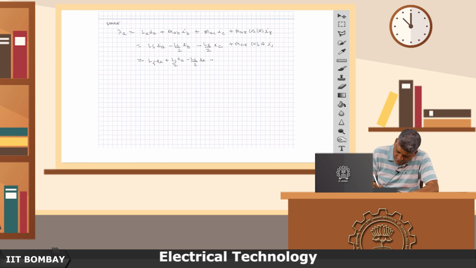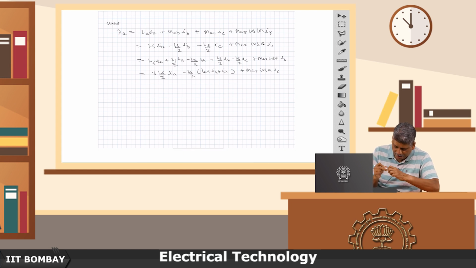This will obviously not make any difference to the net equation that I have written, but then this will become 3 Ls by 2 IA, and minus Ls by 2 I can take common, then IA plus IB plus IC times, plus MAR cos of theta IR.